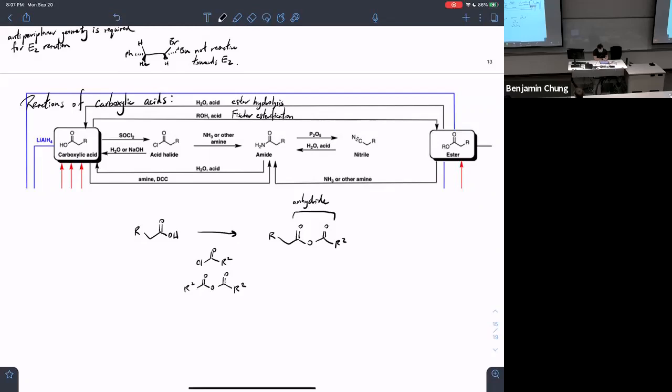So essentially, what I've drawn in squares are the leaving groups.